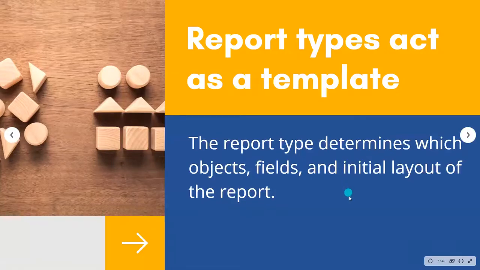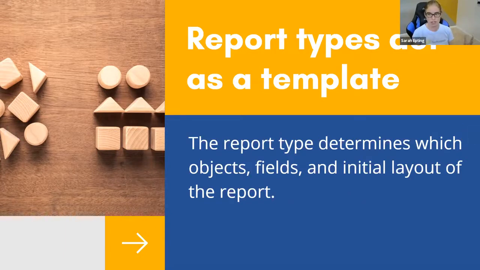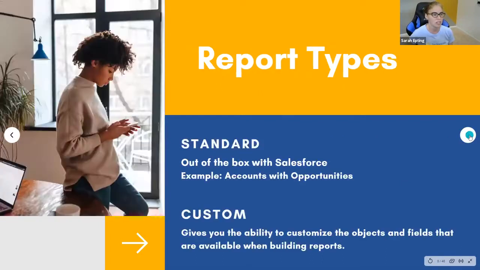So report types is that first category. What objects do I want to include? There are custom report types and standard report types, and we're going to build a custom report type in the exercise. An example of a standard report type out of the box is accounts with opportunities.